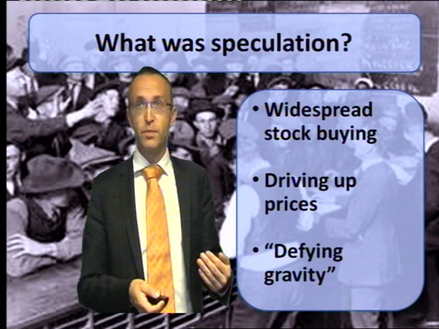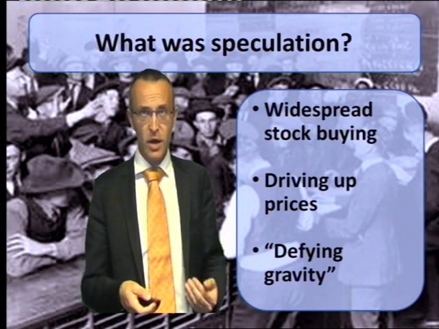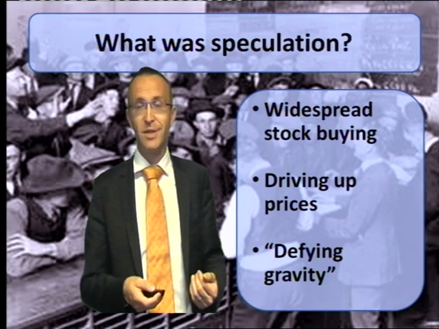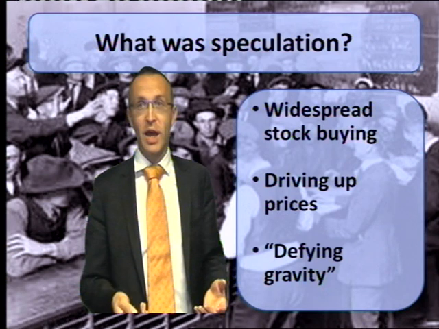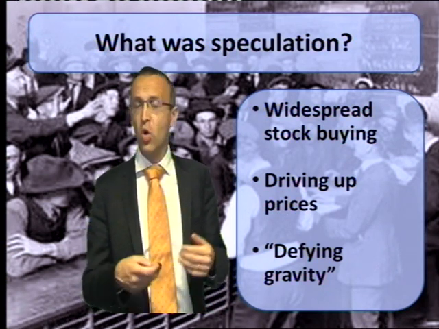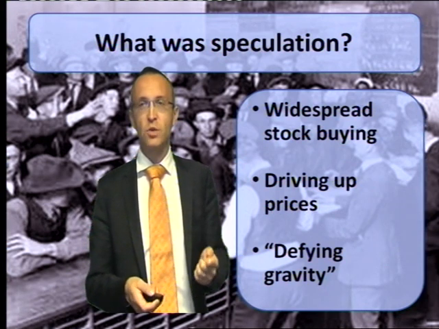However, if Ford's profitability is falling, but demand for Ford stocks remains very high, then that stock price will continue to rise. It will defy gravity, which means that when the inevitable happens, when enough people realize that Ford's profitability is falling, or another company's profitability is falling, the fall in share prices will be dramatic.